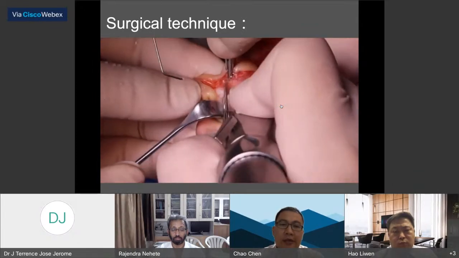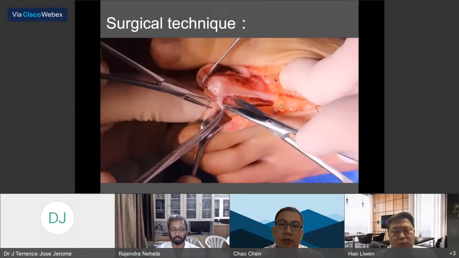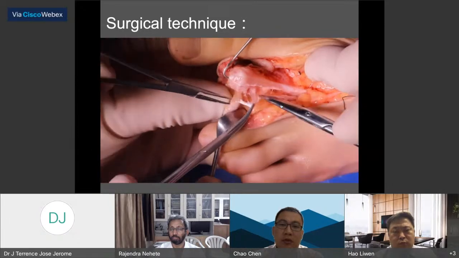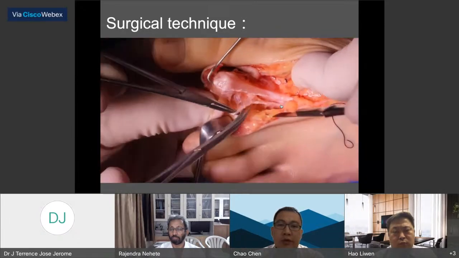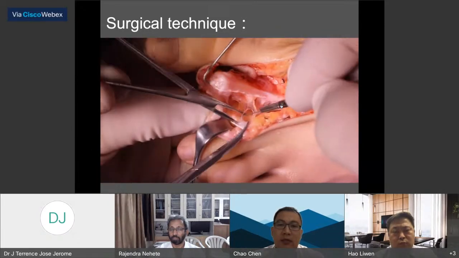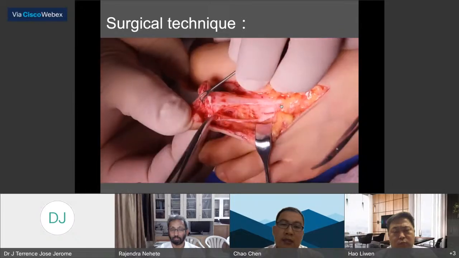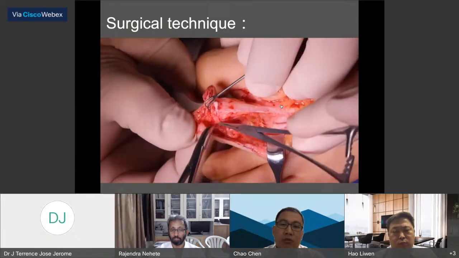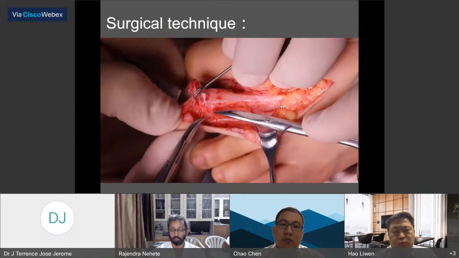You must take care of the other side digital artery, because if you accidentally injure the tibial side digital artery, the circulation of the second toe will be compromised.